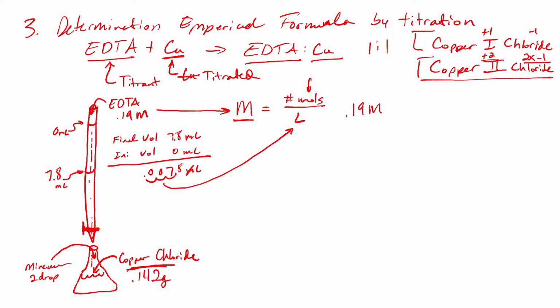0.19 molar EDTA equals number of moles of EDTA all divided by 0.0078 liters of EDTA. So all you have to do now is solve for the number of moles, and it's as easy as multiplying the concentration times the number of liters.